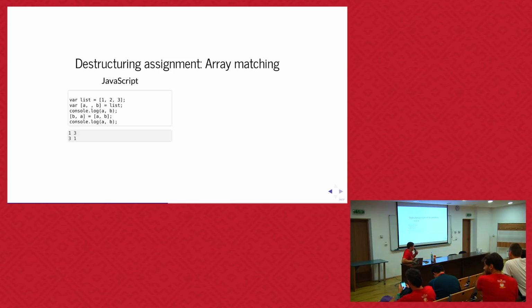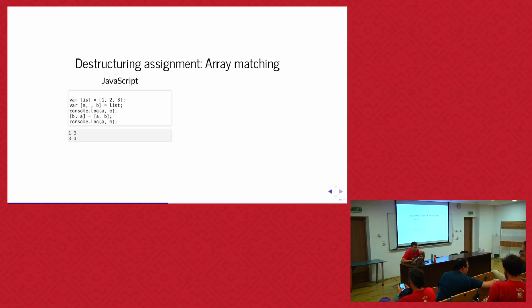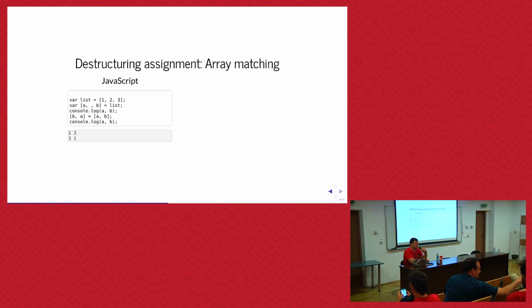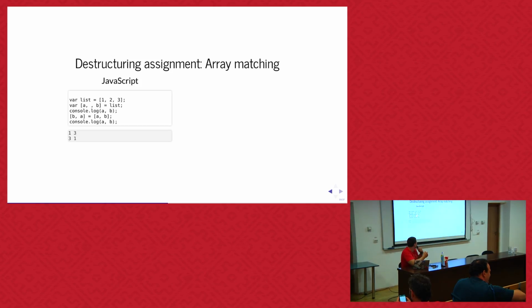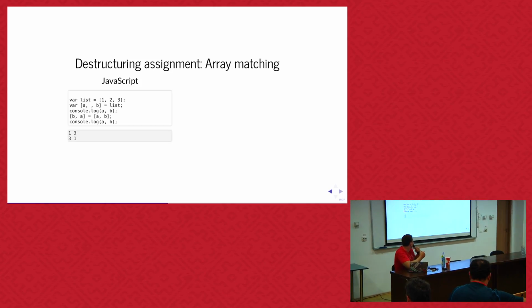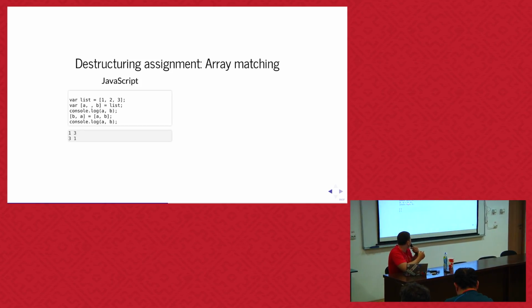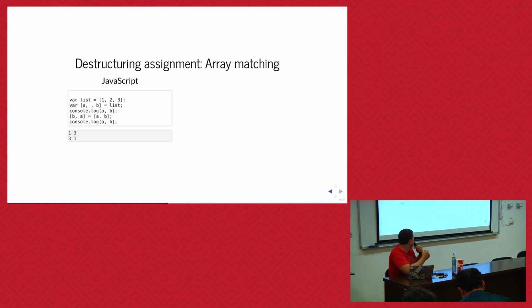Okay, there's another feature called destructuring assignment. The whole word destructuring sounds scary to me, because basically what it does, it allows you to assign arrays to a set of variables, for example, or assign sets of variables to another set of variables, and assign one array to another.